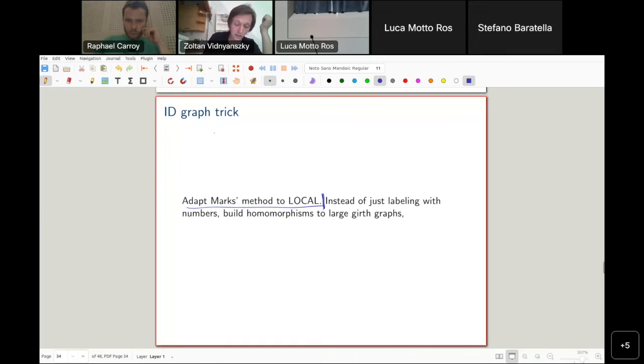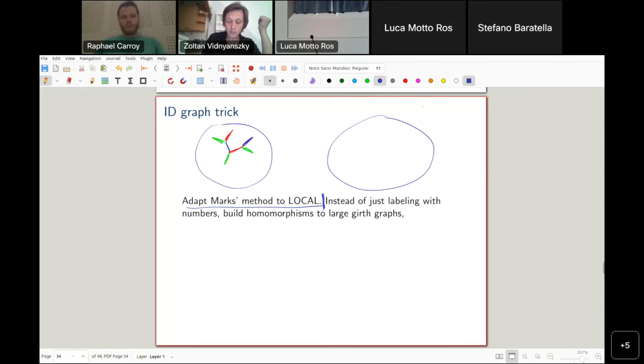So that trick was that, okay, assume that you have this tree. Again, this tree comes with an edge coloring, right? It looks like this somehow. Etc. Instead of labeling with any numbers, you imagine that the numbers form a graph. So here is this n, and they form a graph.